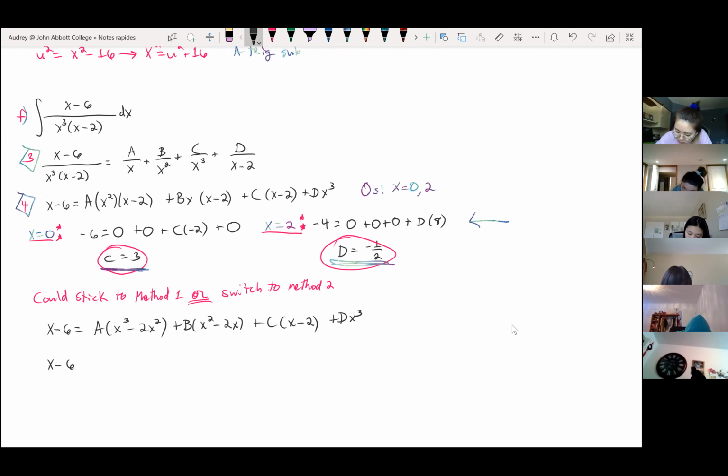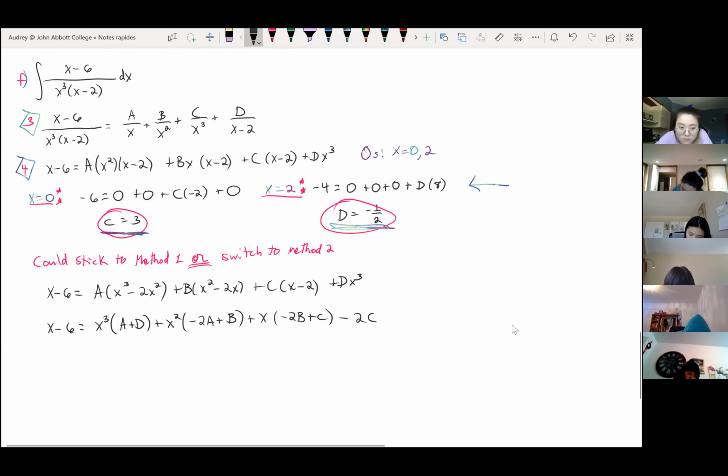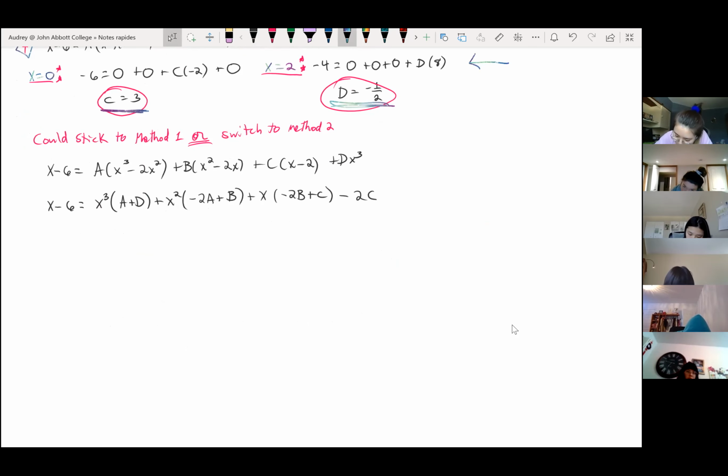So x minus 6 is equal to x cubed times a plus d, plus x squared times negative 2a plus b, plus x times negative 2b plus c, and then minus 2c. And so then we're going to look at x cubed, and we're going to have a plus d is equal to 0.